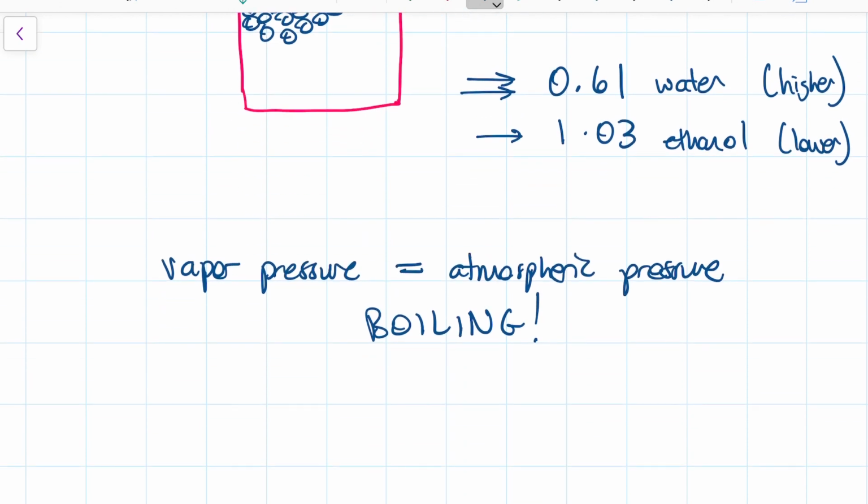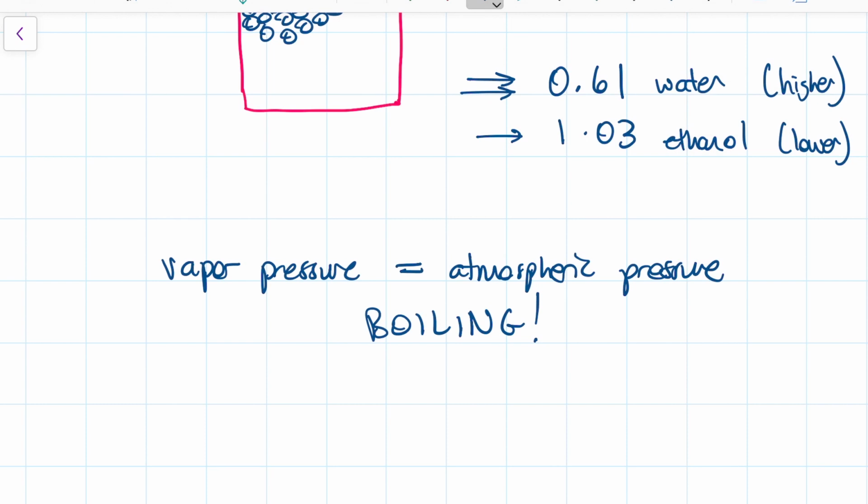So if I have ethanol and its vapor pressure is already at or near atmospheric pressure, I only have to add a little more kinetic energy in the form of heat by increasing its temperature to get it to boil. Whereas water, I have to add a lot more heat. So water has a higher boiling point, ethanol has a lower boiling point. And I'm going to show this to you and explain it again in the form of a demonstration in the next video.